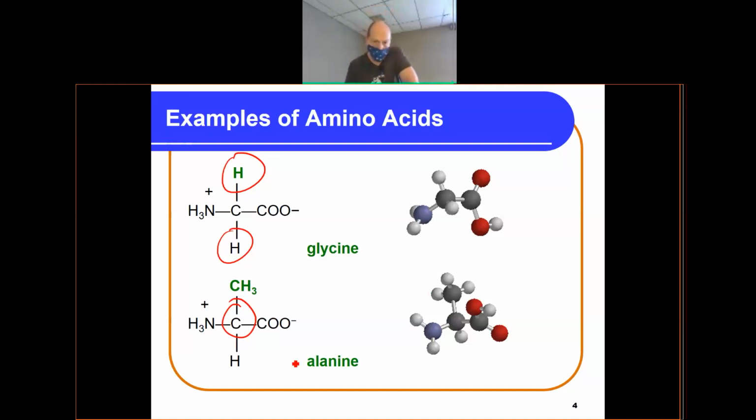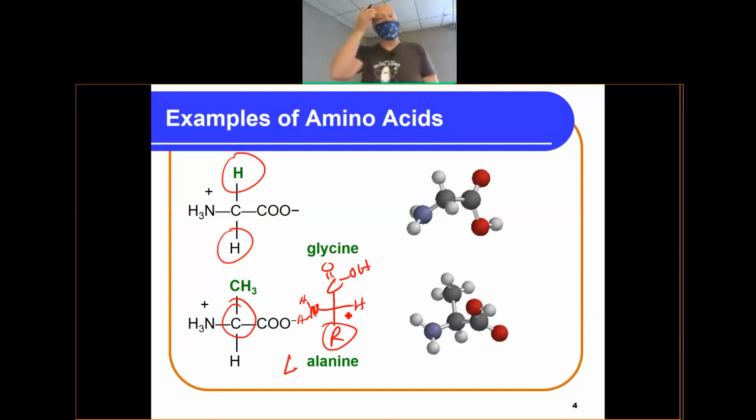So when you're writing L-alanine, you've got your carboxylic acid group on top. You've got your NH2 group on the left. Ugly N, that is an NH2. You got your H here, and then you got your 20 different R groups here. All right, but for your alanine, that is the R group CH3.